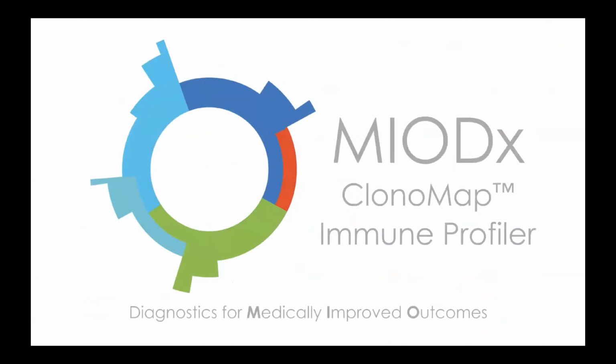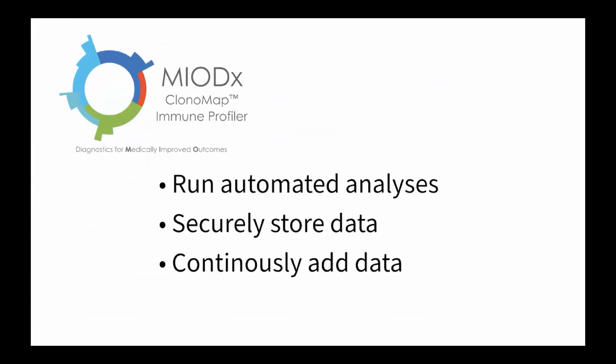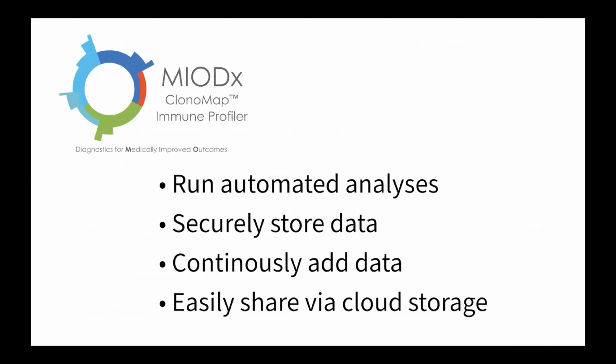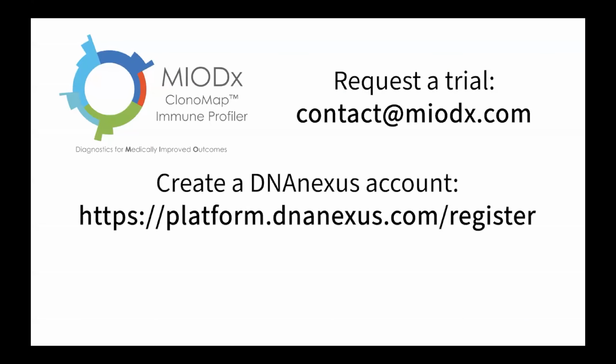With that, I'd like to end the presentation with the summary. It's an automated analysis. You can securely store, add, and collaborate with your colleagues on this data. If you're interested in a trial, you can contact us at MIODx.com. Again, you're going to need a DNA Nexus account.